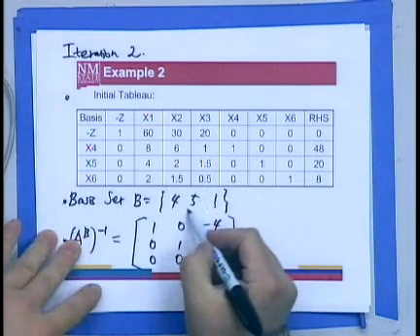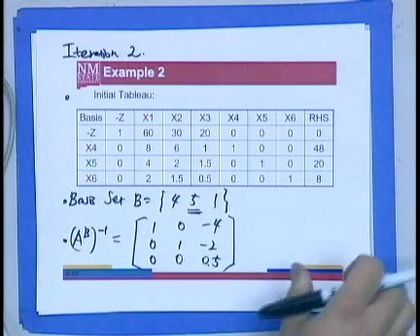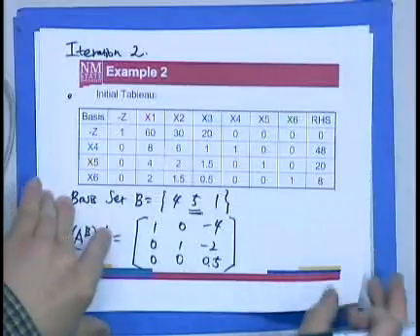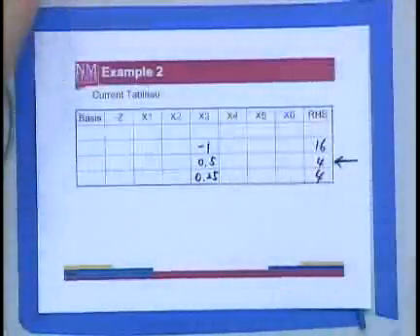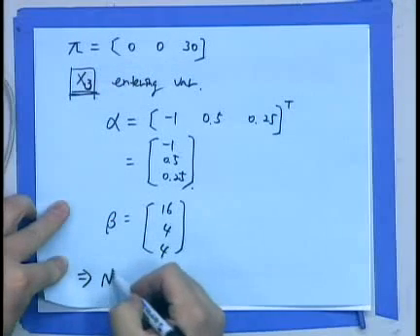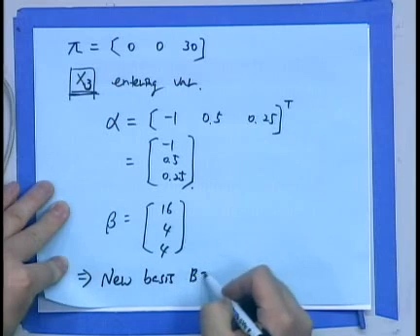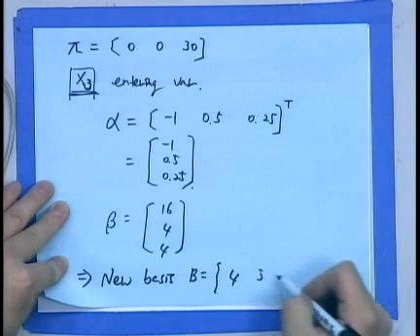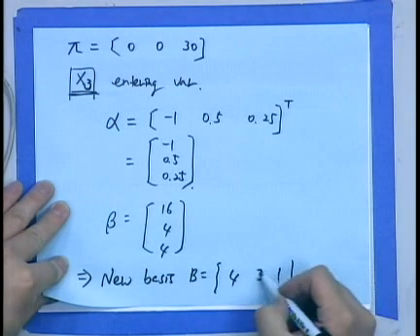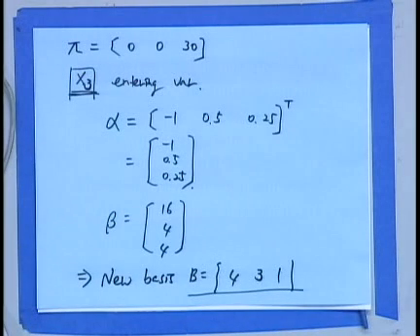So the second basic variable x5 will be replaced by the entering variable, right? So the new basis becomes 431 instead of 451, right? That's what we've done last time.